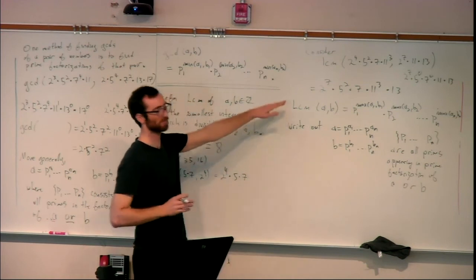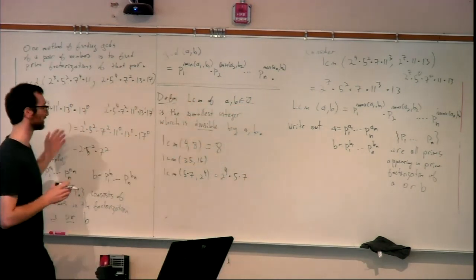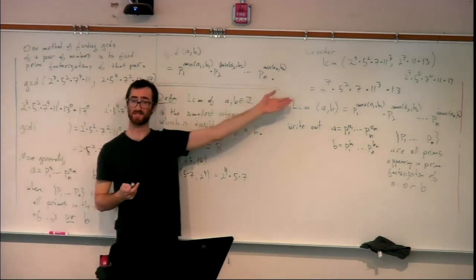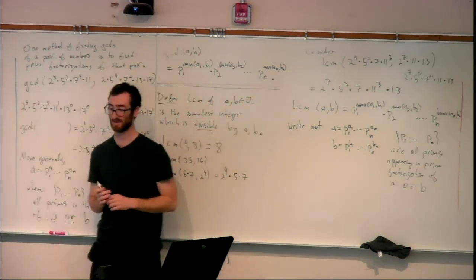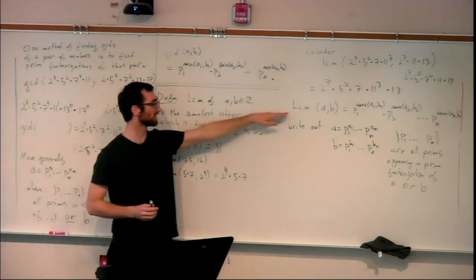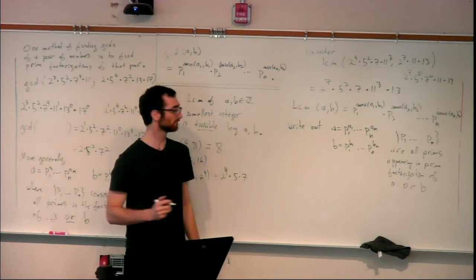So this is a kind of a parallel description between the GCD and the LCM of two numbers. And from this description of the LCM, we get a very nice corollary.